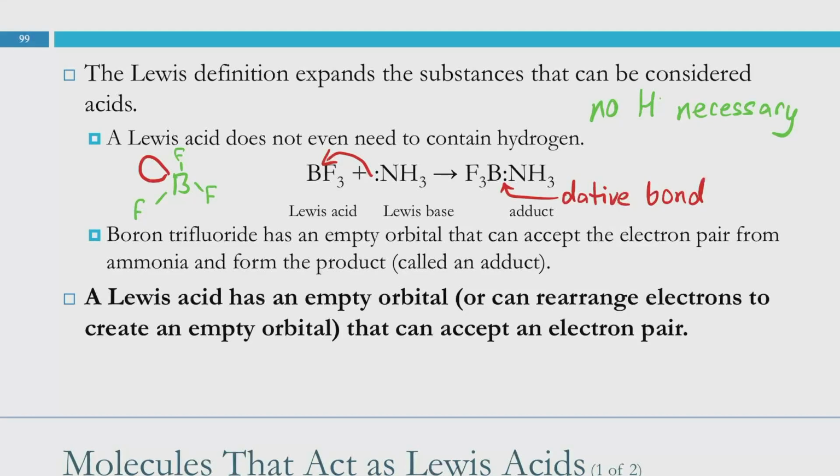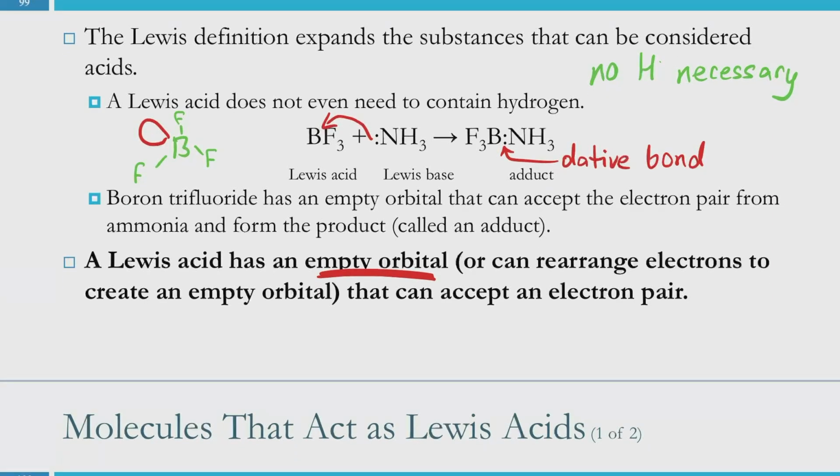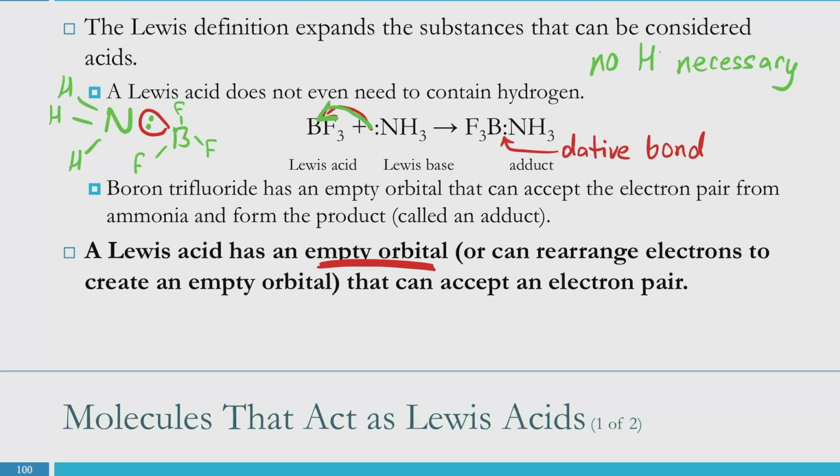More important information, our Lewis acid has an empty orbital, or it can rearrange electrons. We'll see examples of that that can accept an electron pair. So when ammonia donates those electrons, we maybe get something like that, where that empty orbital interacts with that lone pair, and we get our addition product or our adduct.